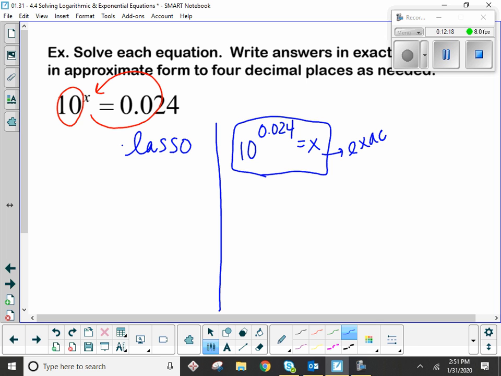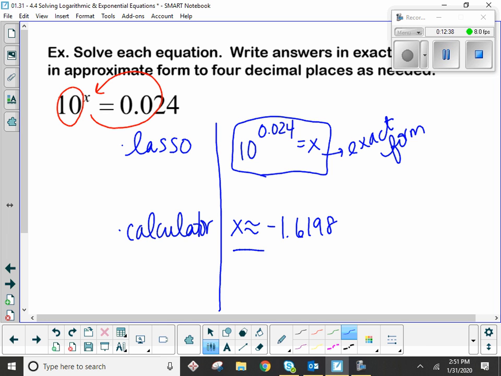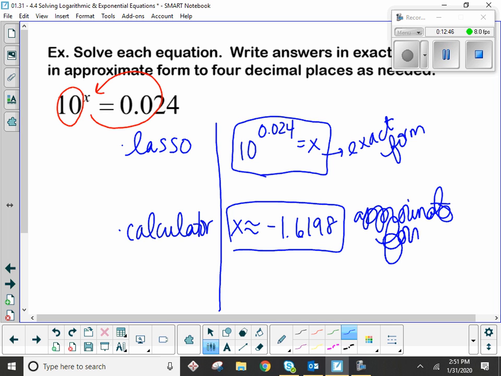Use your calculator to do approximate form. Negative 1.6198? Yeah? On your calculators?